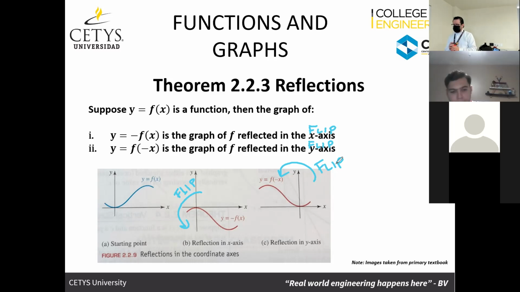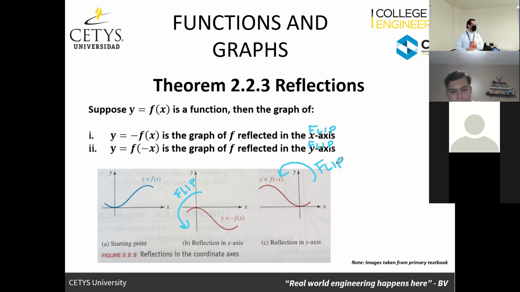So if the value of the function was 2, and I'm multiplying the whole function by -1, then that 2 is now going to turn into a -2. That's why the function is being flipped around the x-axis. The positive values of y turn into negative values, the negative values turn into positive values.